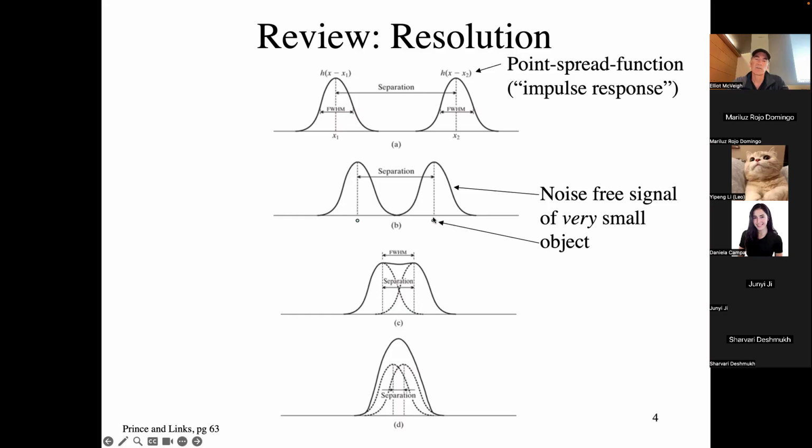And for CT, we had a little ballpoint out of the ballpoint pen that was much smaller than the voxel that we use to display pictures. And it produced an image that is a blob. Okay, and the width of that blob characterizes how much blurring occurs by your imaging system, right? And that's the impulse response, the point spread function.